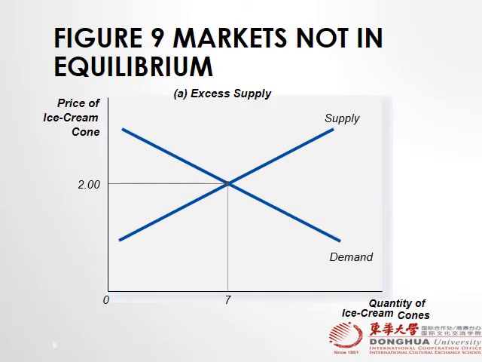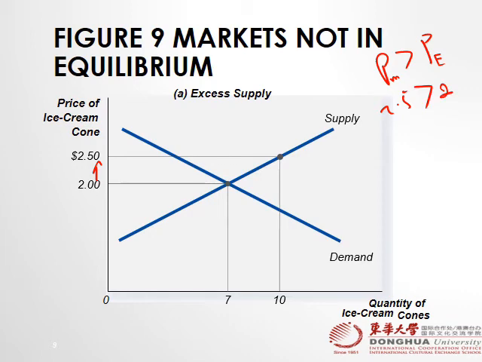So this is the equilibrium. And what is surplus? When the price is above the equilibrium price. The market price right now, which is 2.5, is greater than the equilibrium price. We say that this is surplus. How? On this price, what is the quantity supplied? It's on the supply curve, so this is the quantity here.